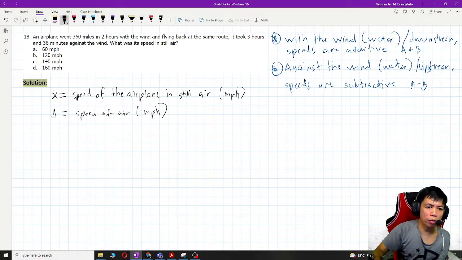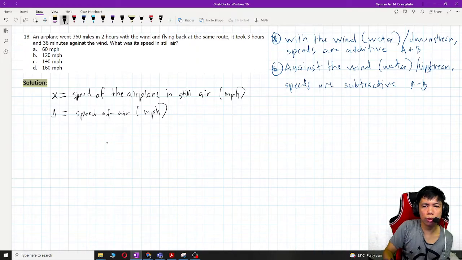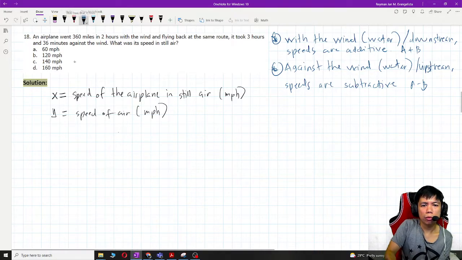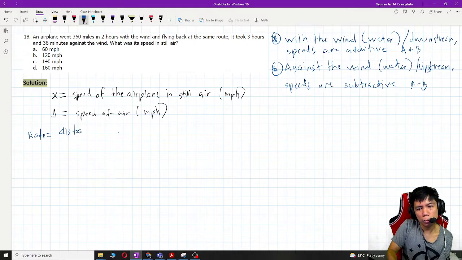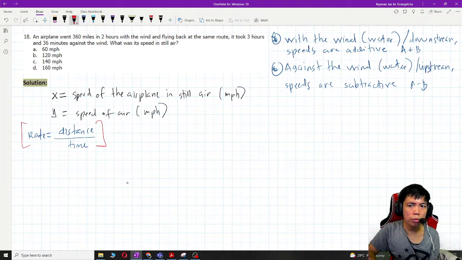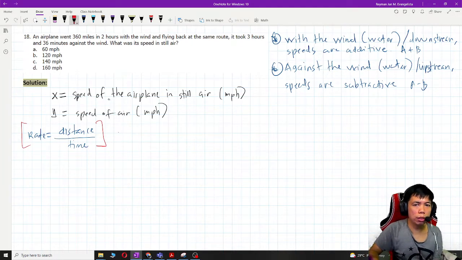Dito guys, ang gagamitin nating formula is yung rate. We'll use the formula rate is equal to distance over time. Yan ang gagamitin natin in both scenarios, in going upstream and then downstream.